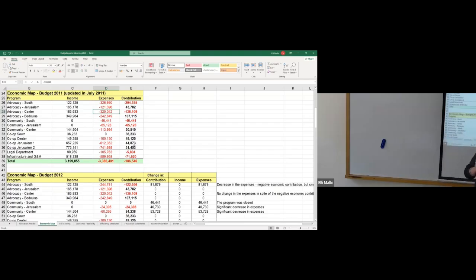When we have to create a recovery plan, prioritization becomes the most important issue. What is the most important from the social point of view? These are the programs that I want to leave. And what are the programs that are less important, and I'm willing to close?